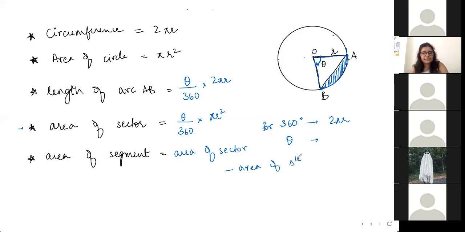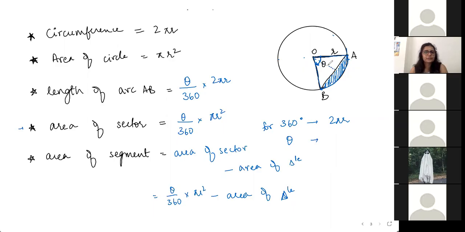Now there's no exact formula for this because, yeah, for the area of sector you'll use this formula only. So that's theta by 360 into pi r square minus, here I'm just writing area of triangle because this depends on the situation. In some cases, for the area of a triangle, you can use half into base into height.